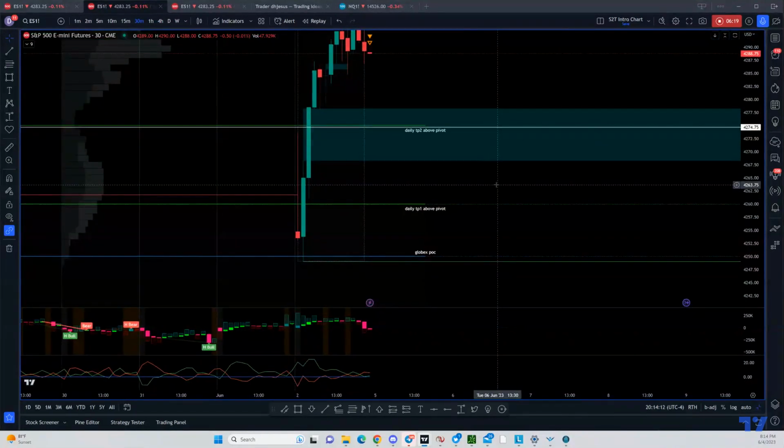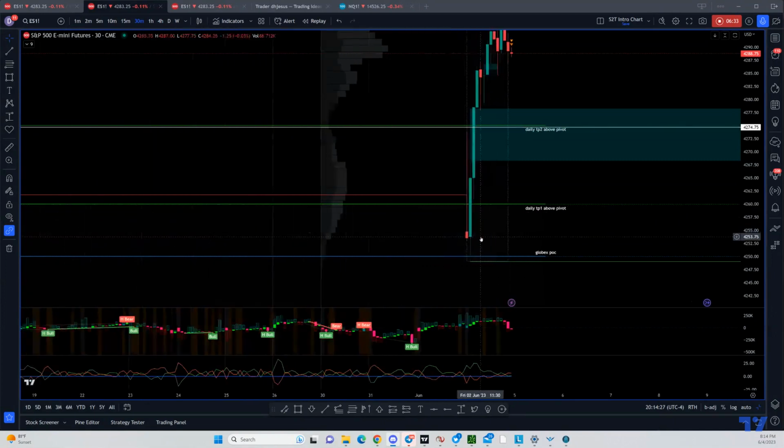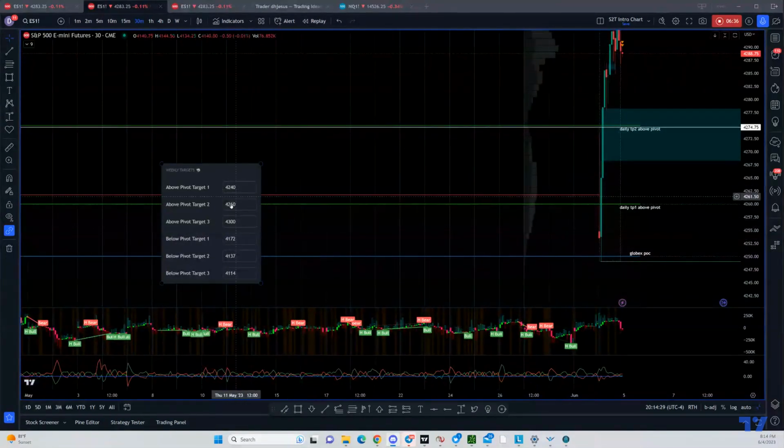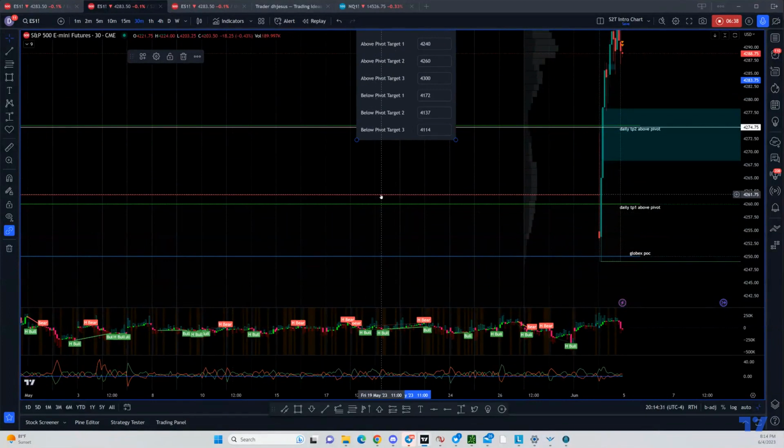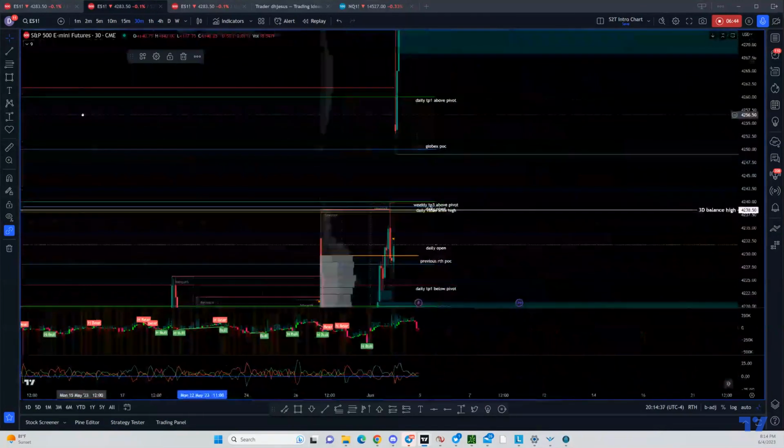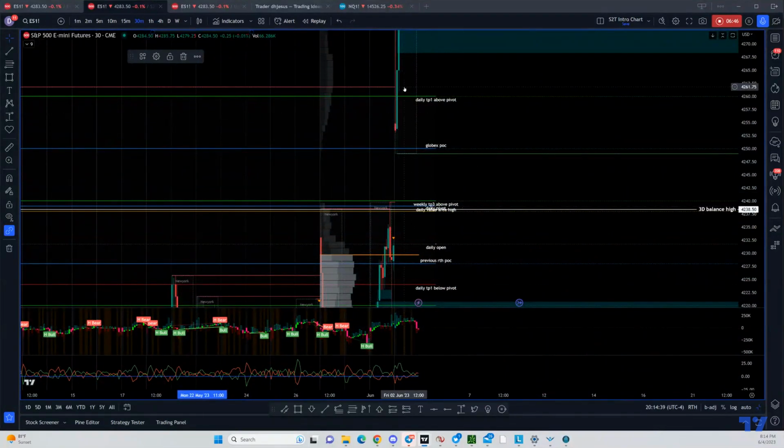All right, so last week, like I said, I had a target of 4260, which is basically right around here, this area here, which just happens to be an area that had a session high that was mitigated on Friday, right after the breakout.